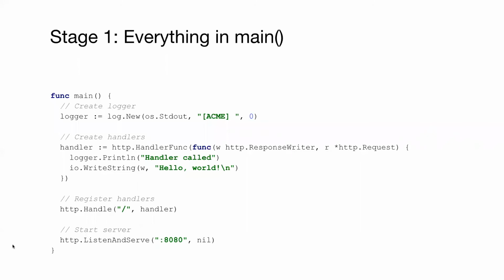So this is why the library creators have created the default ServeMux, which is what? A global variable, of course, in the HTTP package. So when you are calling the Handle function, it's actually using the default ServeMux. And when you are calling ListenAndServe with a nil parameter, it will actually use the initialized default ServeMux.